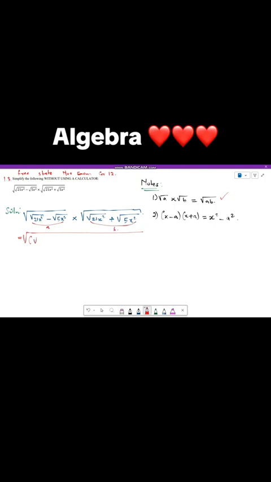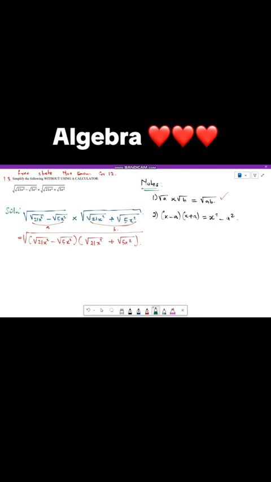Remember, the square root of a multiplied by the square root of b is the square root of ab. So we're going to have the square root of the first bracket multiplied by the second bracket.